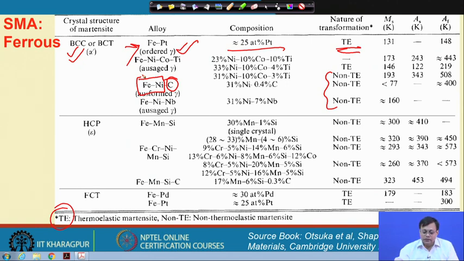And the interesting part here is that the MS temperatures are quite low, let us say 131 K or 173 K in Kelvin we are talking about, or let us say below 77 K. So, these are the behaviors people have observed at a very low temperature, whereas the austenite finish temperature has been observed at something like 400 K. Another very important aspect of these ferrous shape memory alloys is that they require very particular training.